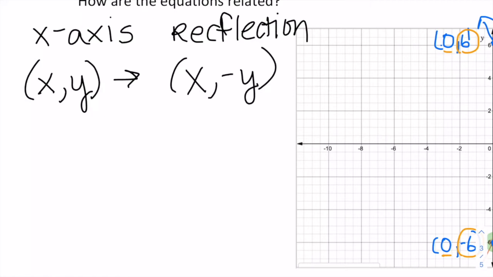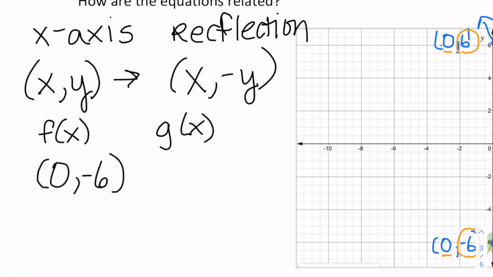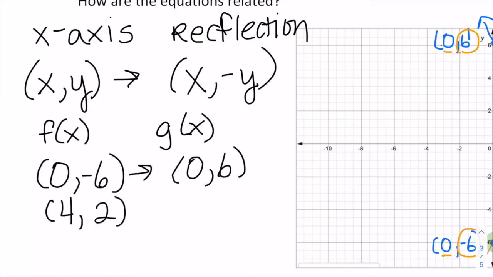And there's a lot of similarities. So the y-intercept of f of x, I'll put f of x is here and g of x. So that 0, negative 6 changed into 0, 6. That other point 4, 2 changed into 4, negative 2.